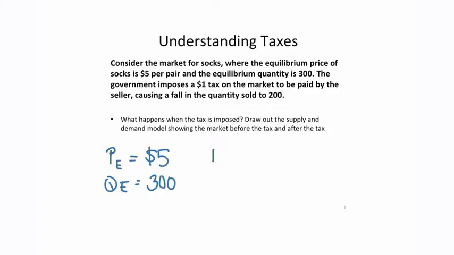The government imposes a tax of $1 on this market, and it's going to be paid by the seller. But this is going to cause the quantity sold to decrease to 200. Okay. Now, we want to draw out the supply and demand model and show what happens before the tax and after the tax.